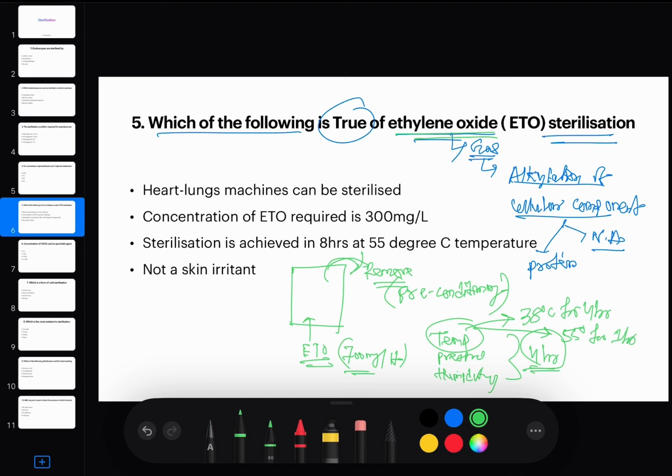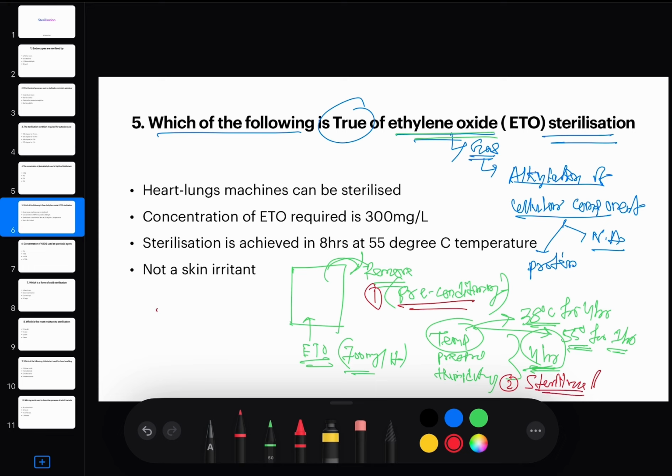Okay, and after this step, this time period is called the sterilization phase. First is the stage of preconditioning, second is the stage of sterilization.